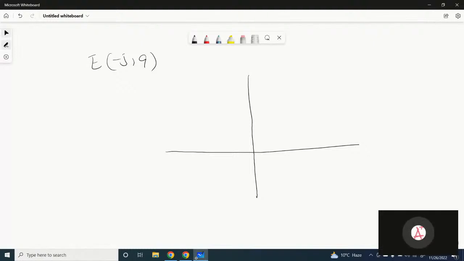Here you have the axis, here you have negative 5, here you have 9. So the point is like this. Now you have to reflect along the y-axis. This is the y-axis. You have to reflect the point from here to here, at the same distance from the origin.